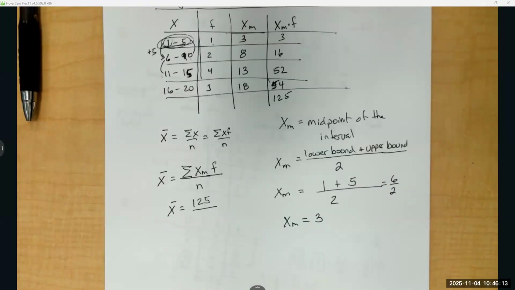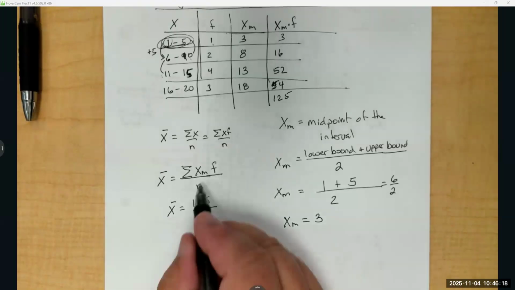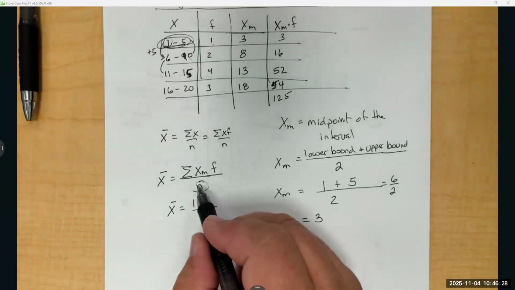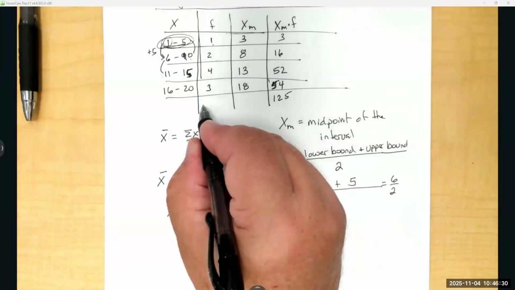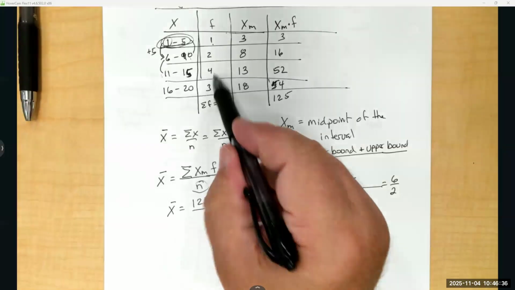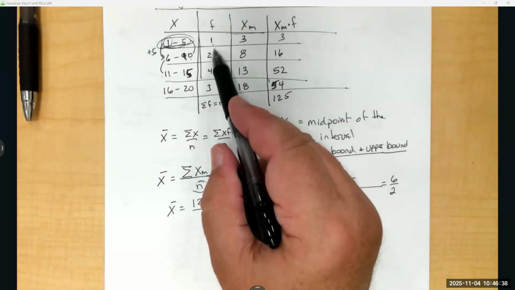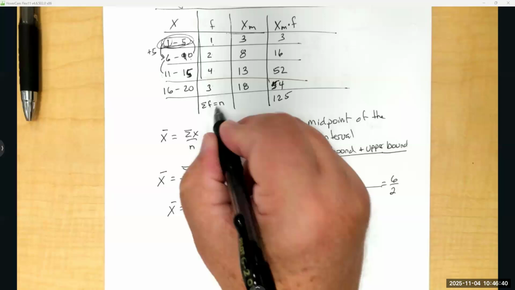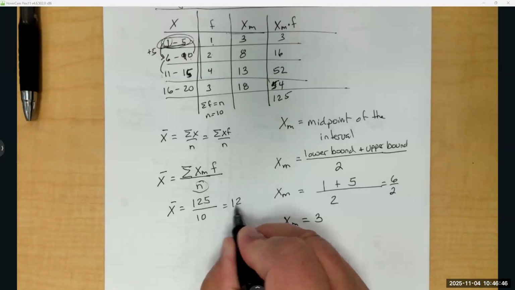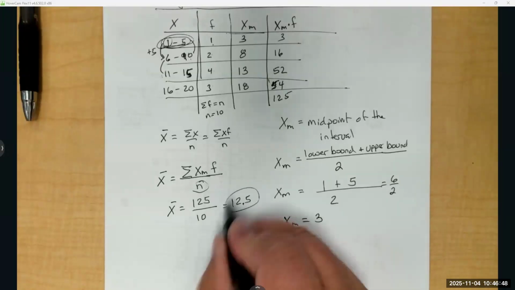Divided by how many? How do I find n? Add up the frequencies. So 4 plus 3 is 7, plus 2 is 9, plus 1 is 10. So n is 10. So the average is 12.5.